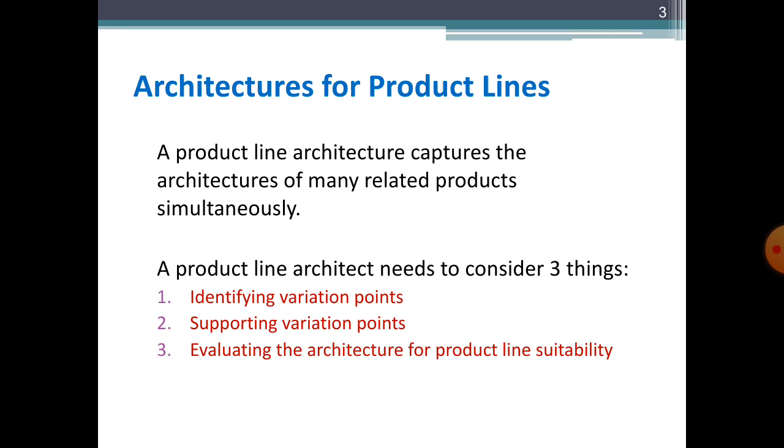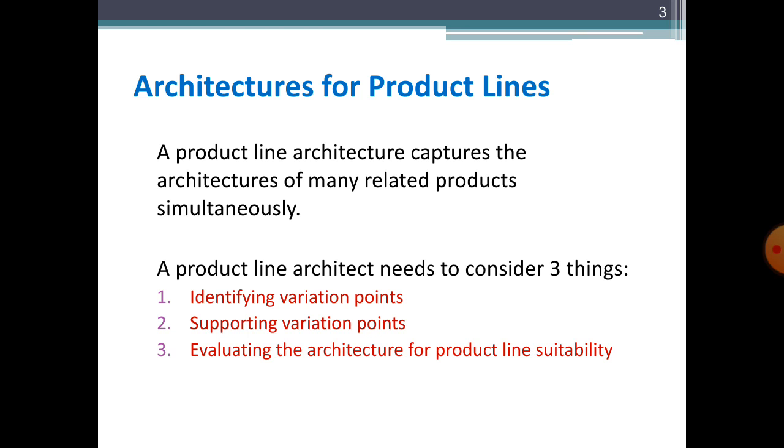So here is the architecture for product line, where a product line architect needs to consider three things. The first one is identifying the variation points. We discussed these points a little in our last lecture, but not in more detail.